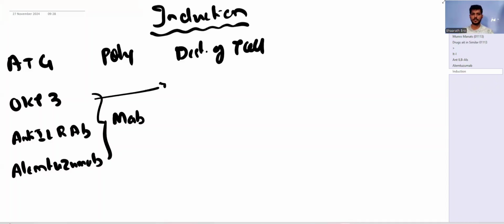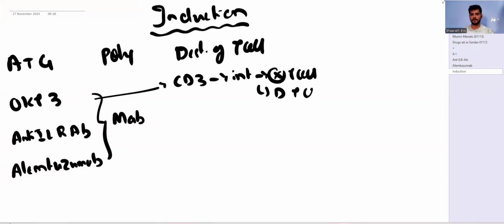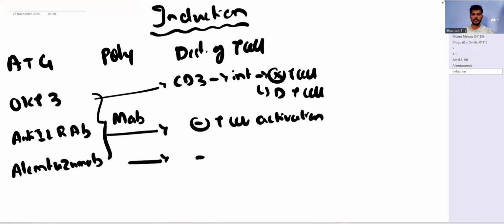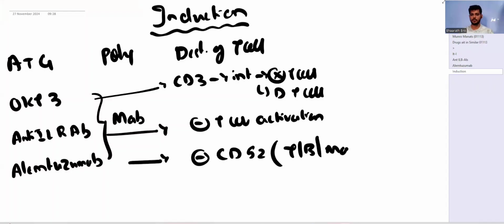OKT3 acts onto the CD3 receptor, causes internalization so that it inhibits T cell activation, but also causes destruction of T cells. Anti-interleukin antibodies will inhibit the T cell activation. Alemtuzumab is an inhibitor of CD52, which is expressed on T cells, B cells, and even on monocytes. So these are all the induction agents that are available.